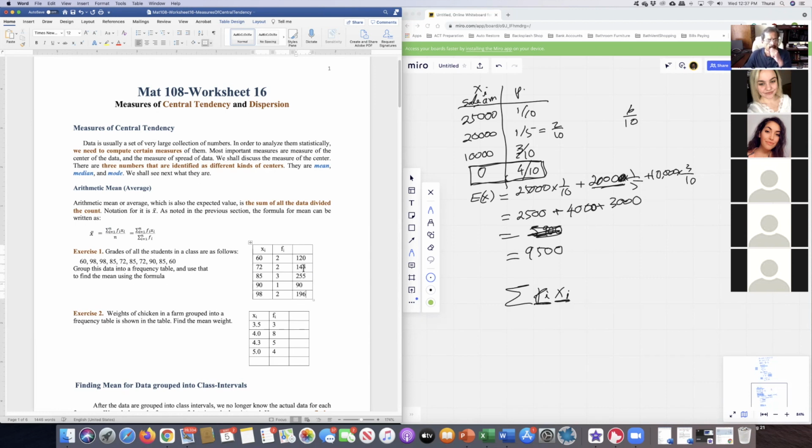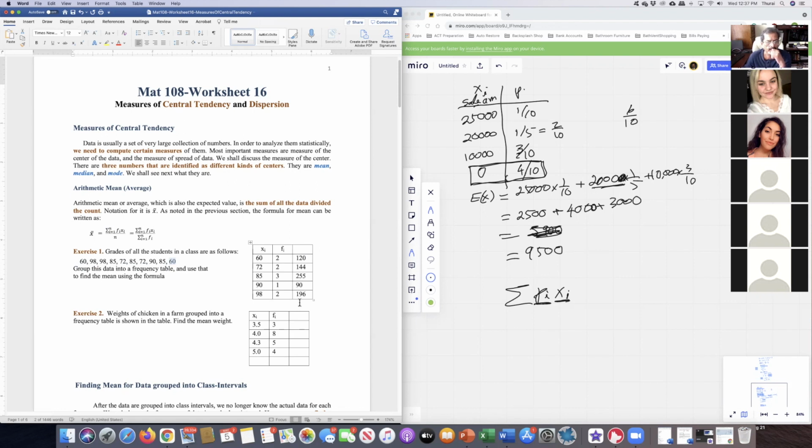Okay, now you add these up. Adding these up is the same as adding up the original data, clearly, right? We just wrote each value, and then we wrote the number of times they repeat. So 2 times 60 is 120, which is the same as the 60 here plus the 60. So you're just doing it in a different way.